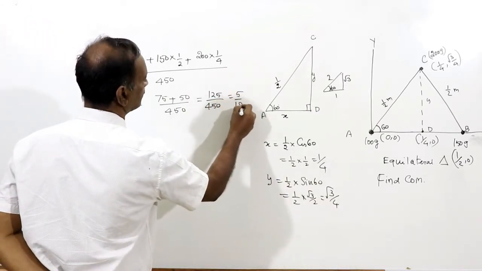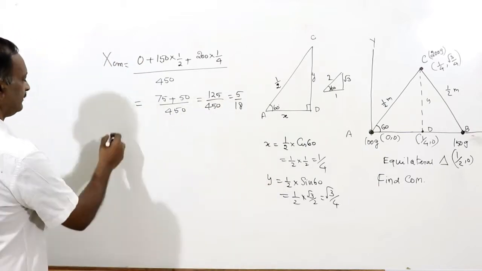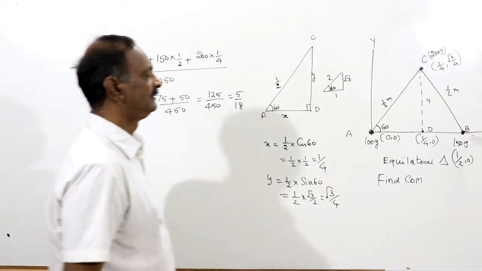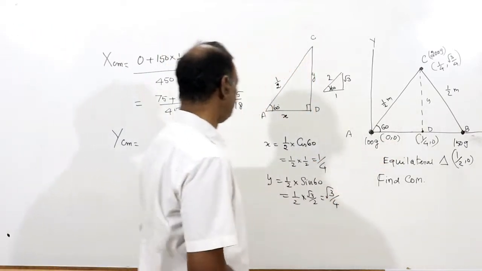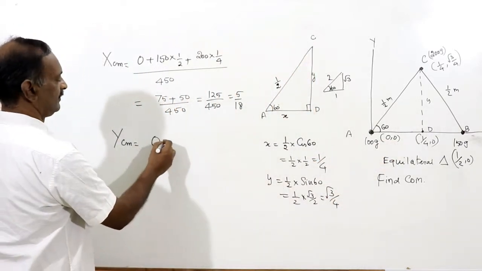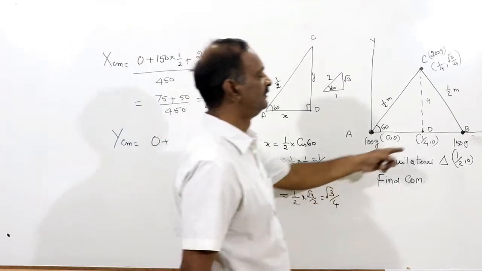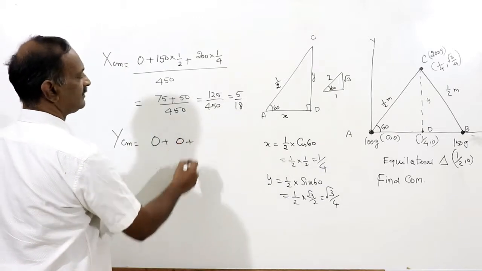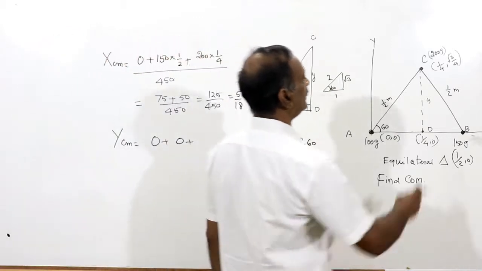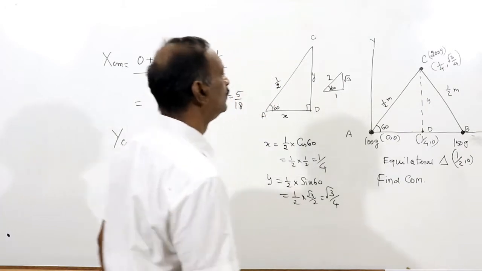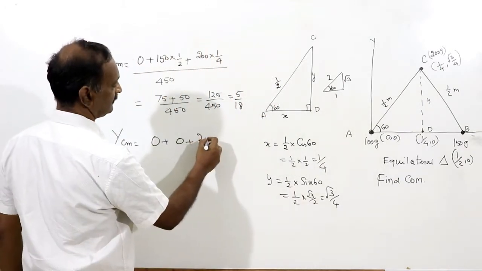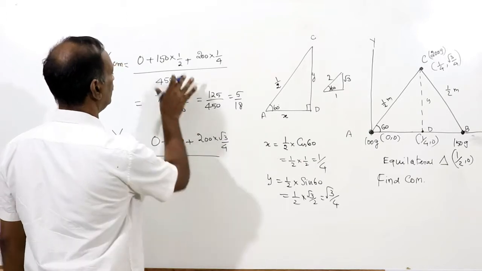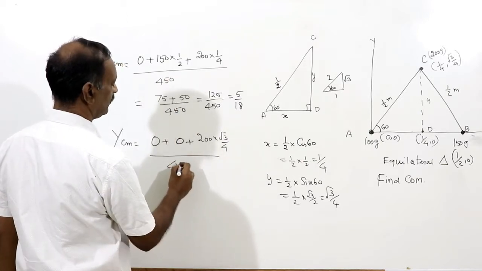What is YCM? YCM is equal to M1 into Y1, which is 0, plus M2 into Y2, which is 0, plus M3 into Y3, which is 200 into root 3 by 4, divided by the sum of all the masses, which we already calculated as 450.